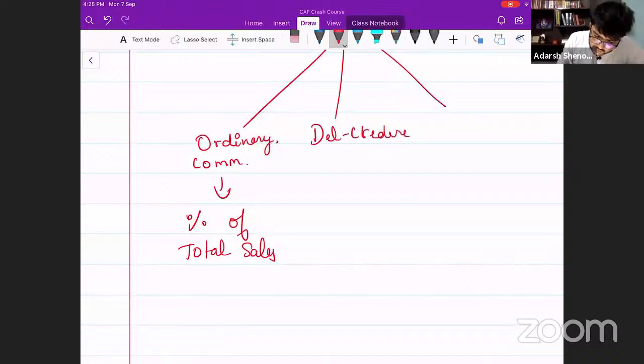del credere commission. We have a second type of commission which is known as del credere commission. Why is this commission paid, sir? What is the feature of this commission?